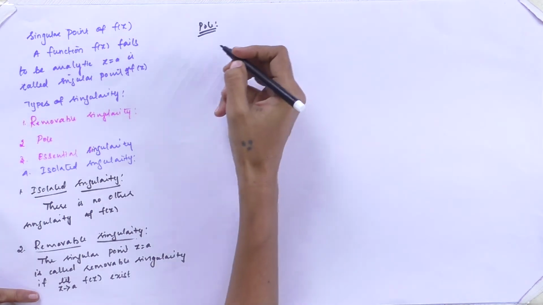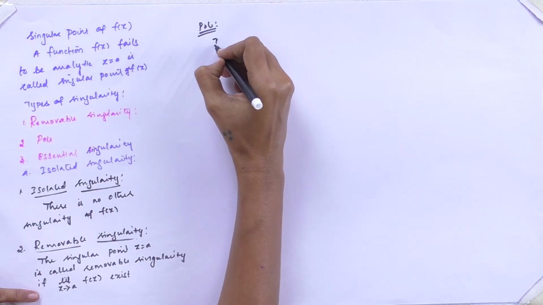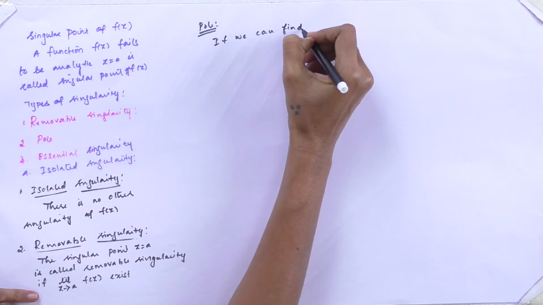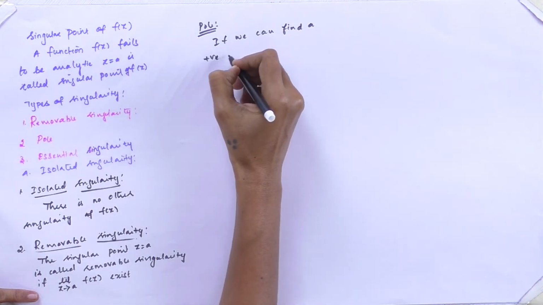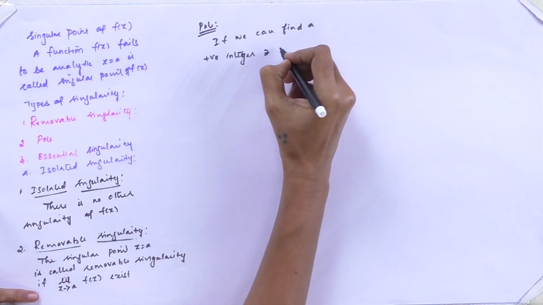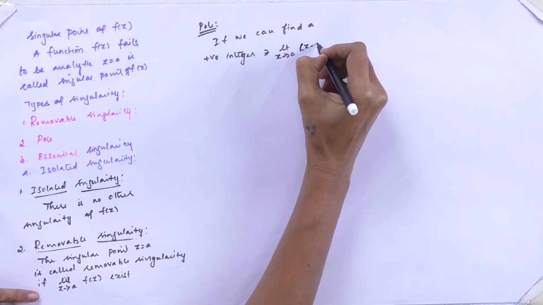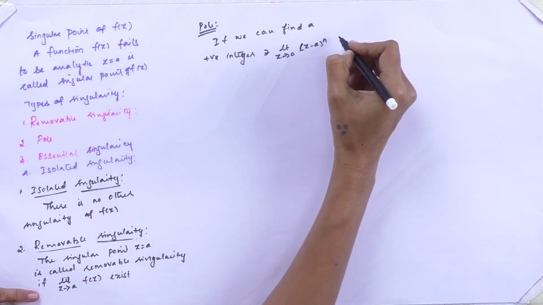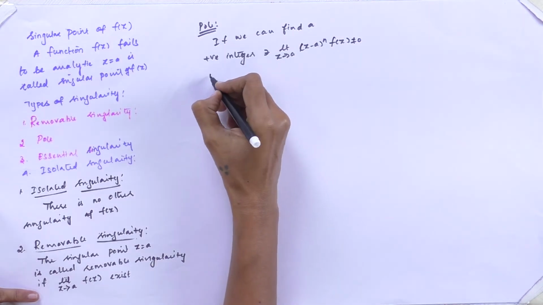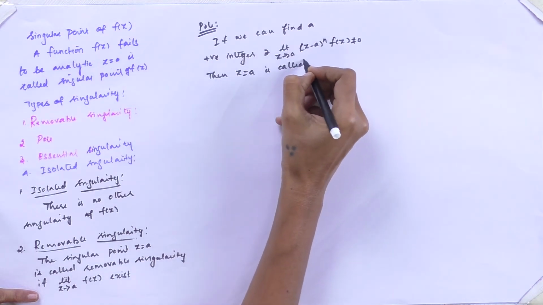Before seeing the pole, if we can find a positive integer n such that the limit as z tends to a of z minus a raised to the power n into f of z is not equal to 0, then z equal to a is called a pole.